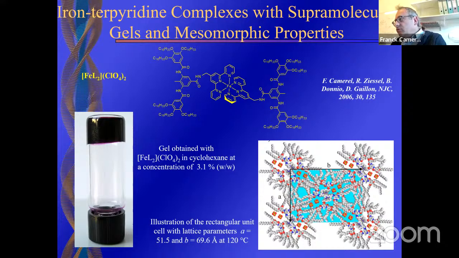And this is a structure we made from this compound, which makes gels but is also a liquid crystalline material. So this is a model for the organization in the liquid crystalline phase. But here we managed to obtain a gel with a metal which is highly colored in this case.